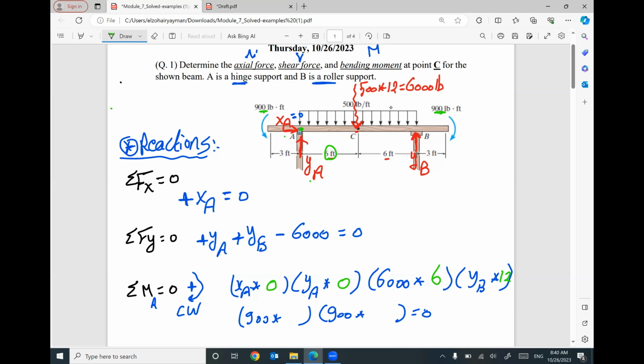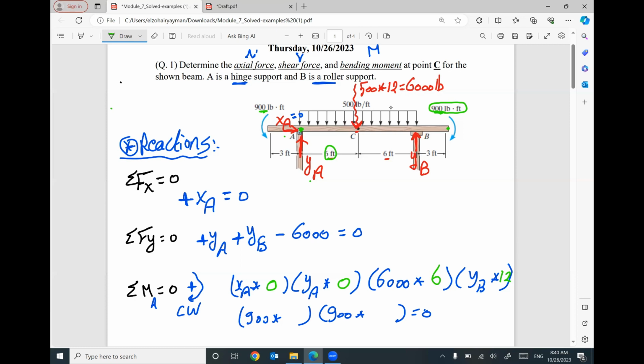Can anybody in this meeting tell me what is the distance between this 900 at this location and the point A? Any help? 900 pound-foot is given at the end here, and we are taking a moment at A. So what is the distance between the two positions?